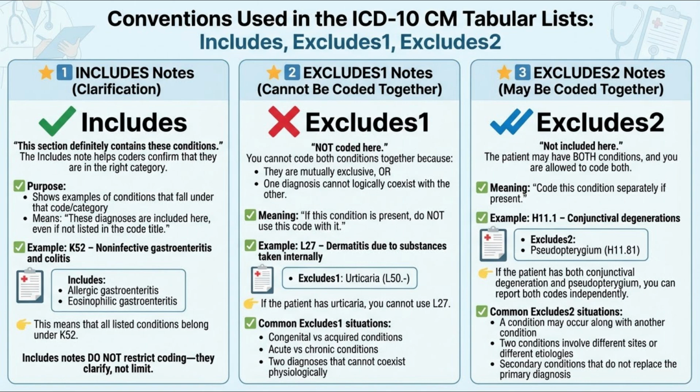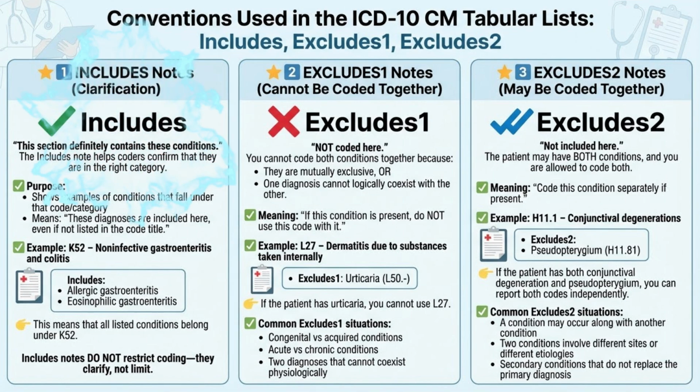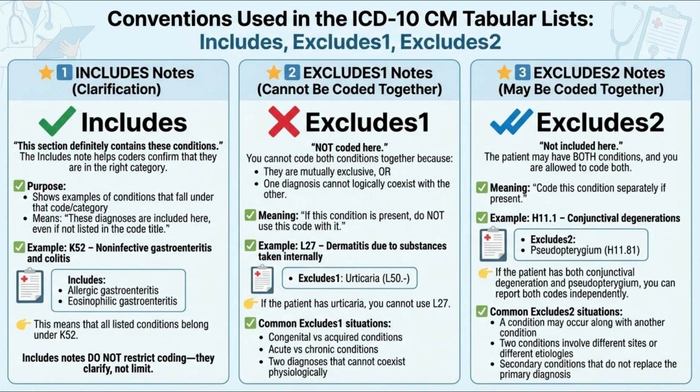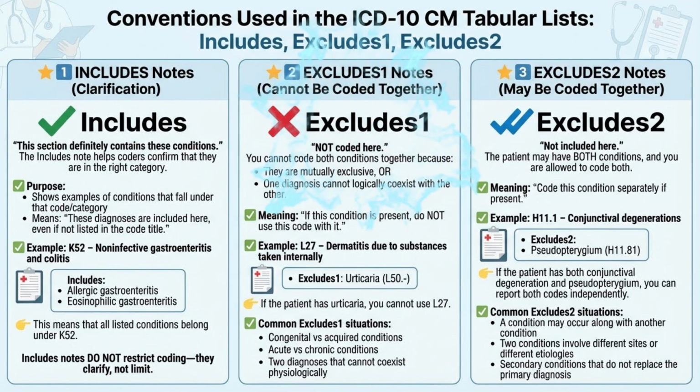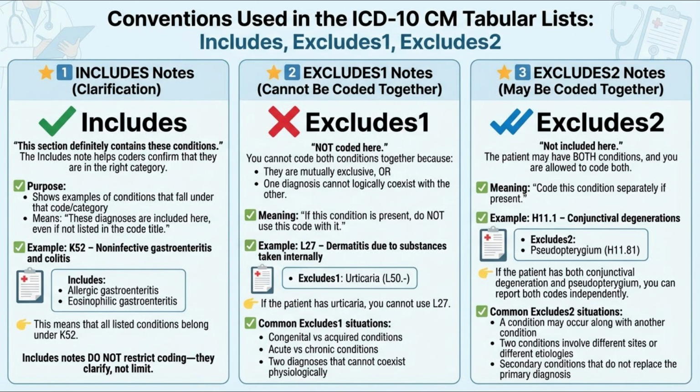Includes, excludes 1, excludes 2. Here are 3 ICD-10 rules every coder must know. Includes means, yes, this condition belongs here. It helps confirm you're in the right category. Excludes 1 means, do not code these conditions together. They're mutually exclusive.